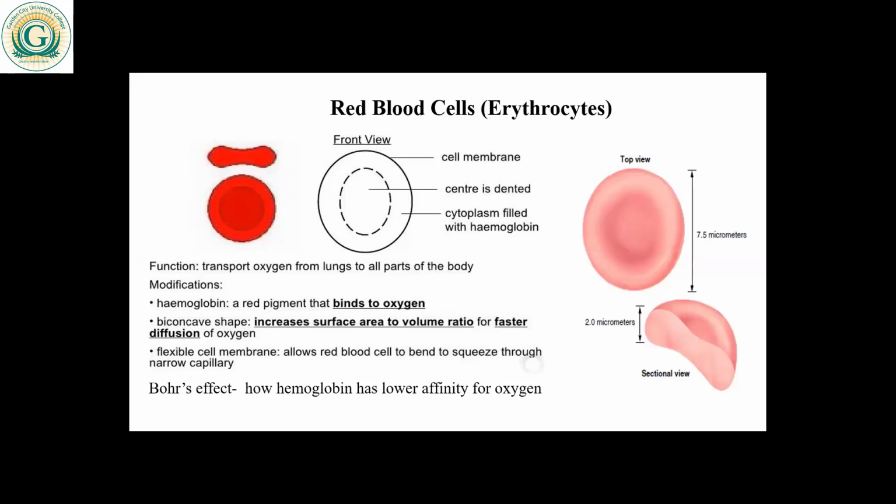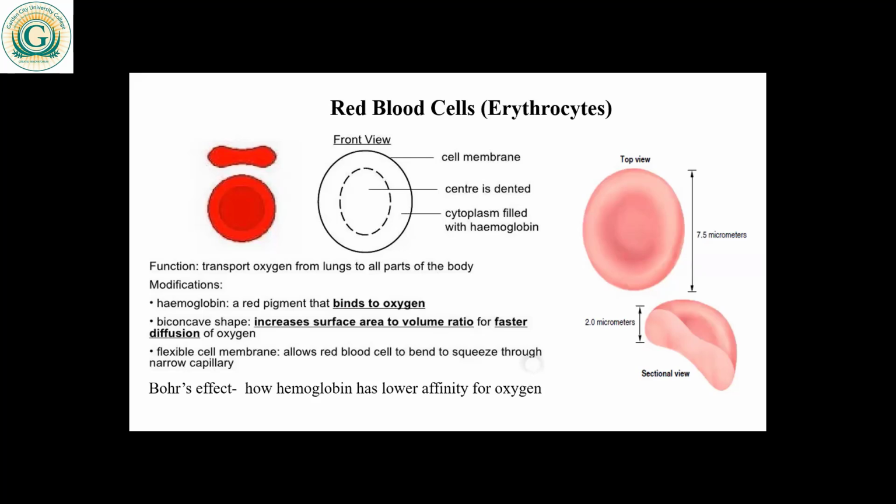They are saying, according to the Bohr effect, hemoglobin has a lower affinity for oxygen. All that we are trying to say is that when you have oxygen and carbon dioxide in a solution in the presence of red blood cells, hemoglobin will bind to carbon dioxide rather than oxygen.